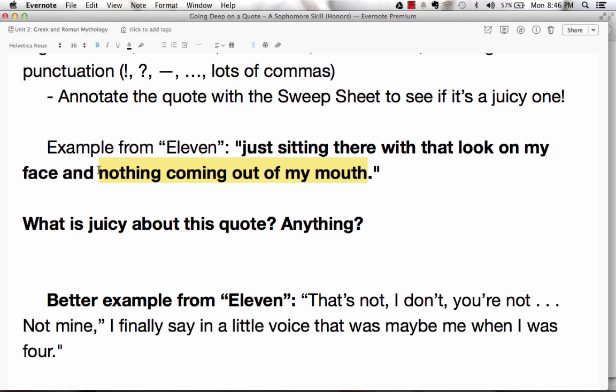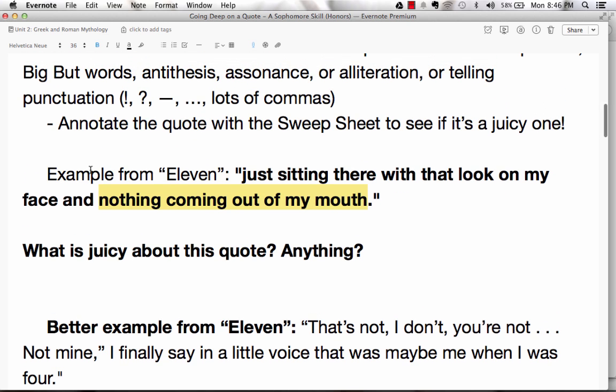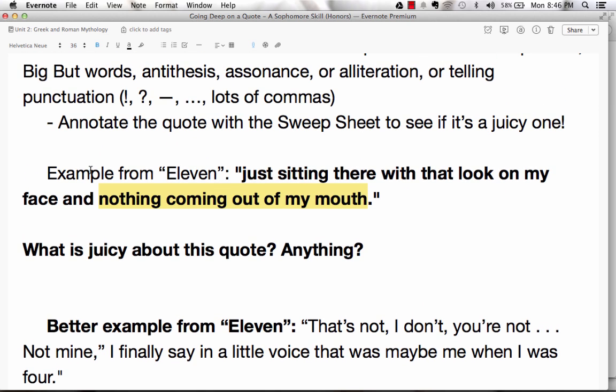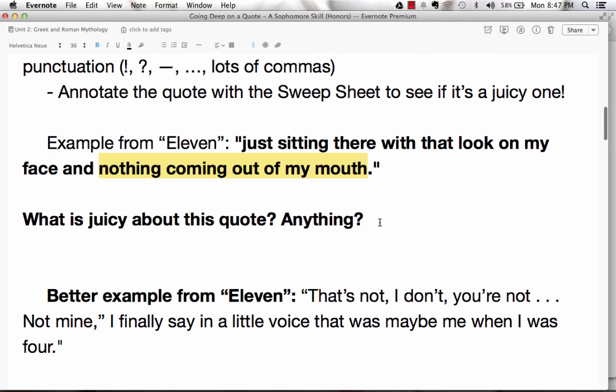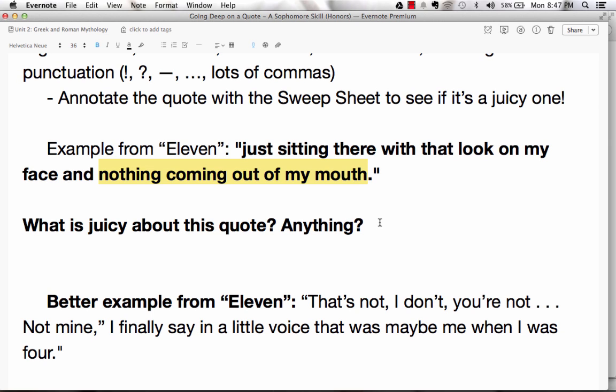So in that sense, it's a quote that will definitely help to prove my claim. But is it a juicy quote? Does it have telling punctuation? Does it have alliteration or assonance or antithesis or big but words? I can't find it. I don't see it. No, it doesn't. It just proves my claim. So it's a quote. It's a piece of evidence. It's not a juicy quote.